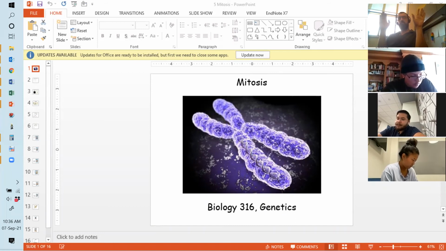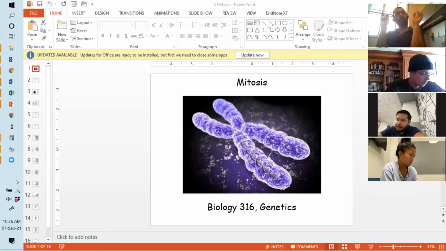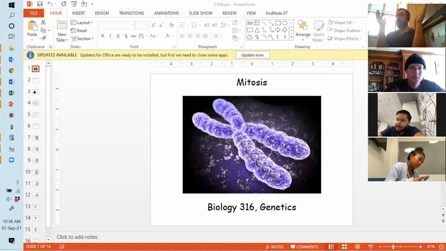Homologous chromosomes, one from one parent, one from the other parent originally, way back when you were a fertilized zygote. They are the same length, same genes, maybe different alleles. So they're not identical. They're very similar, but not identical.